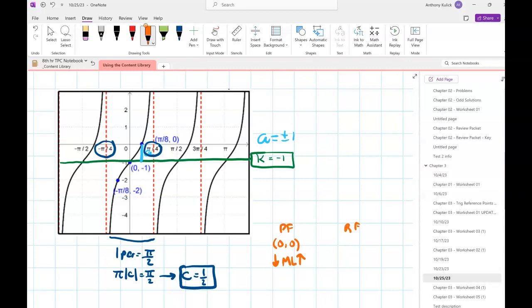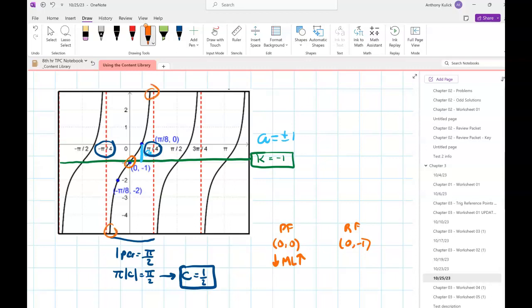From our resultant function, what point should we pick? 0, -1 is the one I would use. Again, it's labeled for me. Any midline point would be okay. What type of midline point is 0, -1? It's a down-up, right?